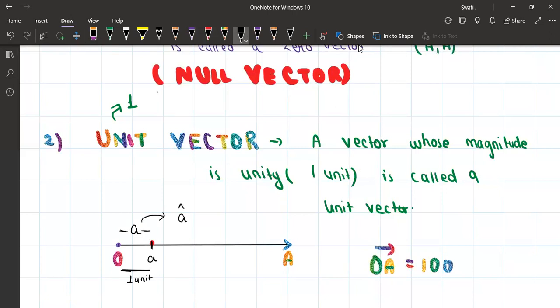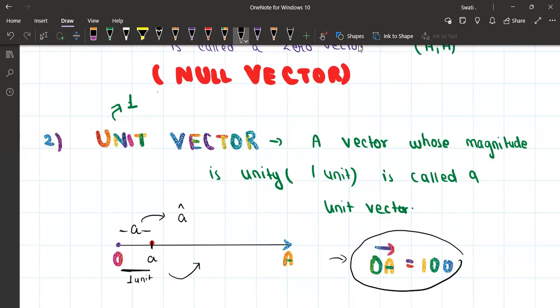The very important thing is that this vector can be very large, suppose it has a magnitude equal to 100. But the unit vector along the same vector will have magnitude just unity, that is 1, and it has to be in the direction of this vector only.